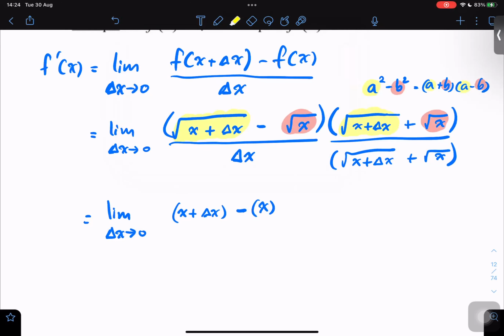So a minus b multiplied by a plus b, you can change it to a squared minus b squared. And the square root of x squared is just x. So we get this over delta x times the square root of x plus delta x plus the square root of x.